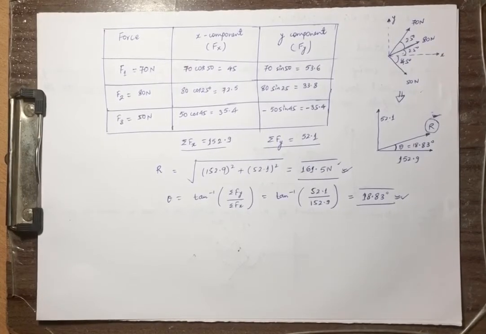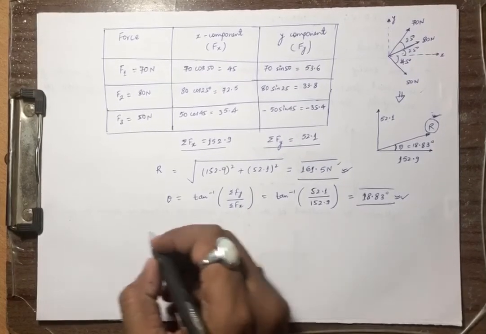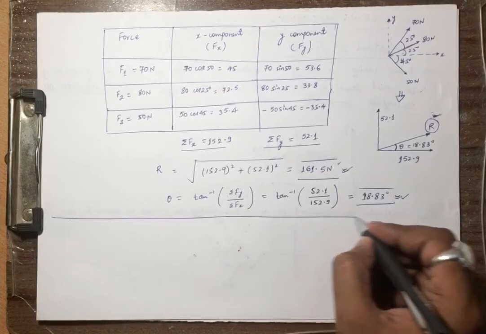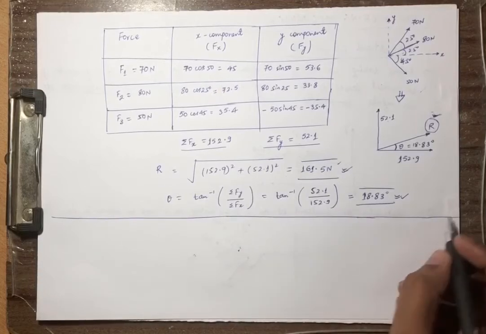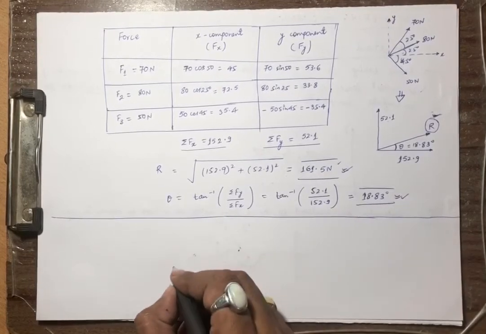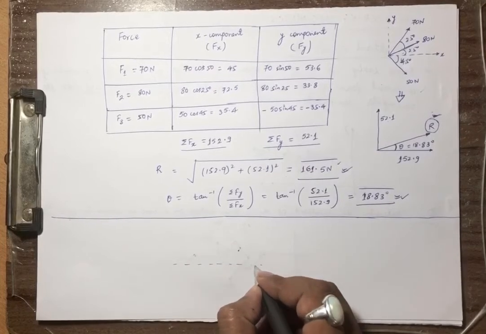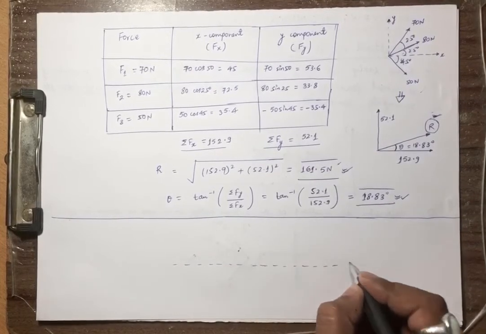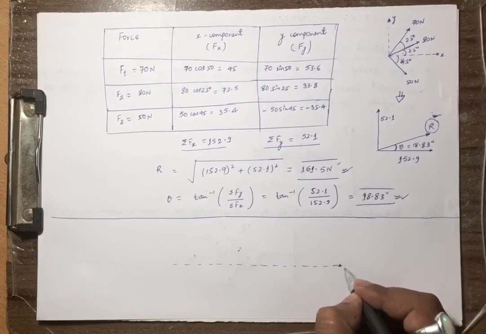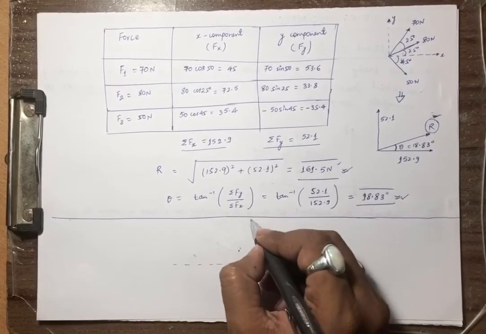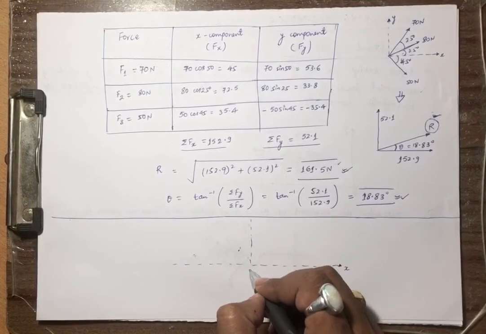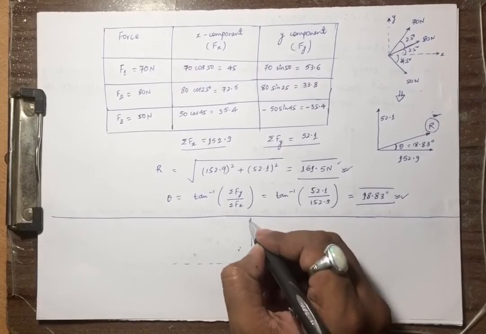So let me just give you a homework. This is the question I am giving. I will discuss it in the next class. You have to just find the resultant and the direction of that resultant. This is a very simple problem, I am just giving it for practice.